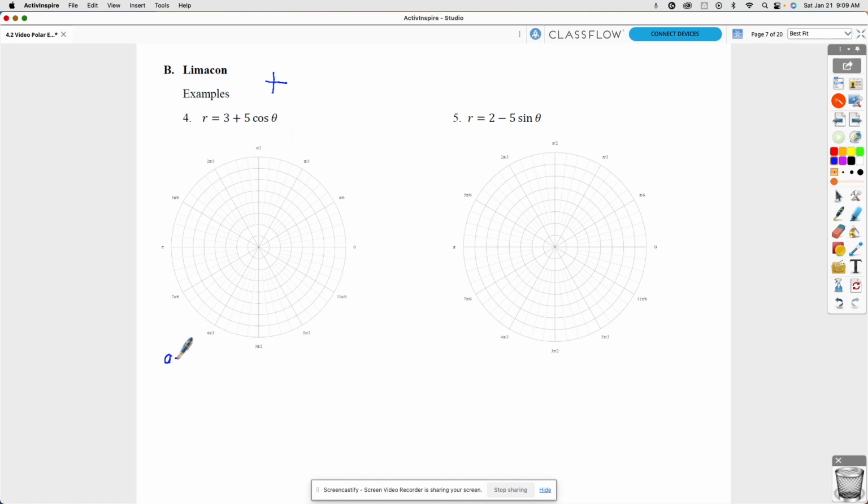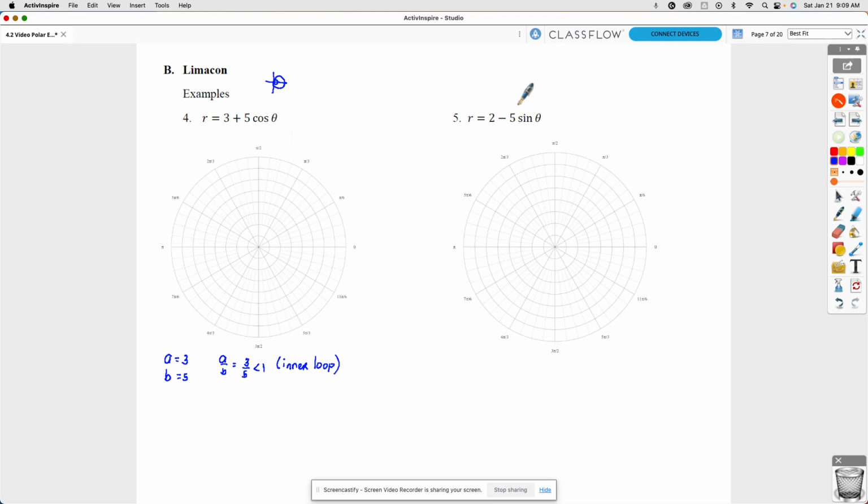A is equal to 3 and B is equal to 5. So A over B is 3 over 5, which is less than 1. So this limaçon has an inner loop. We have an inner loop here, and it would look something like this, just a sketch of it.